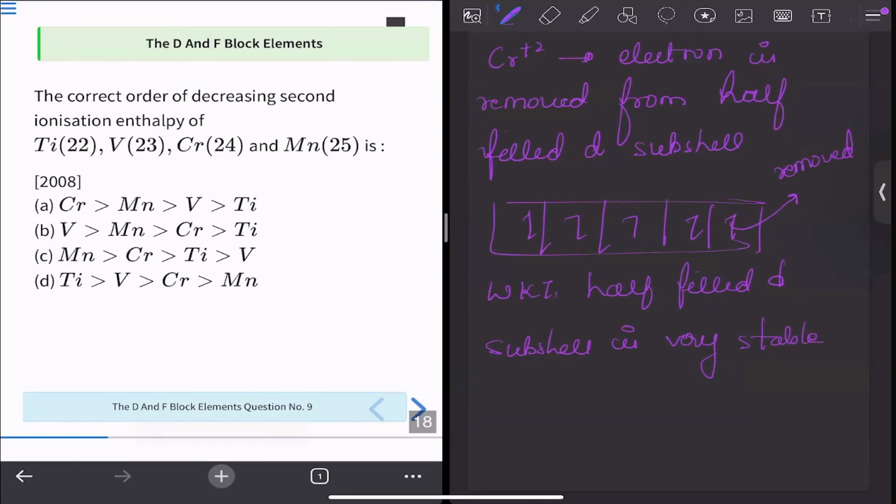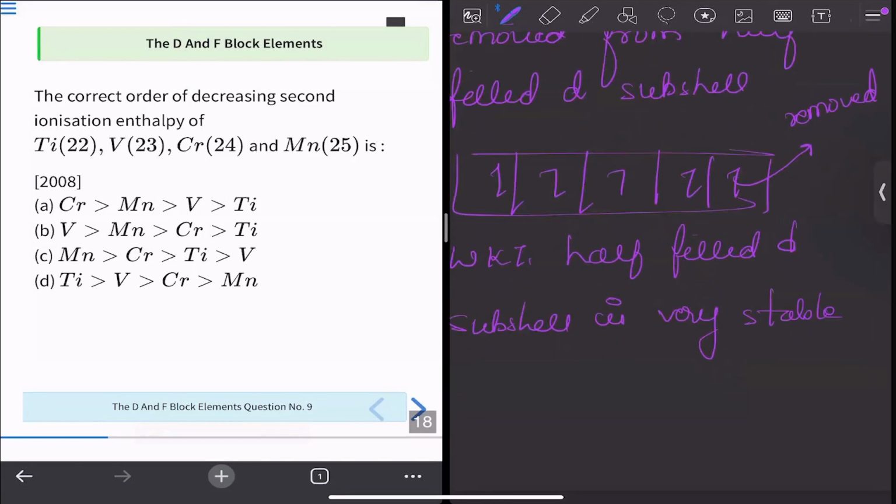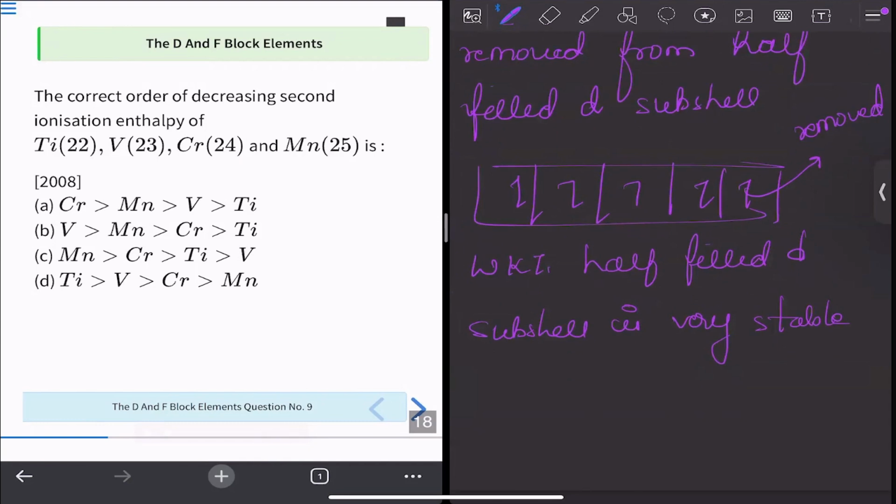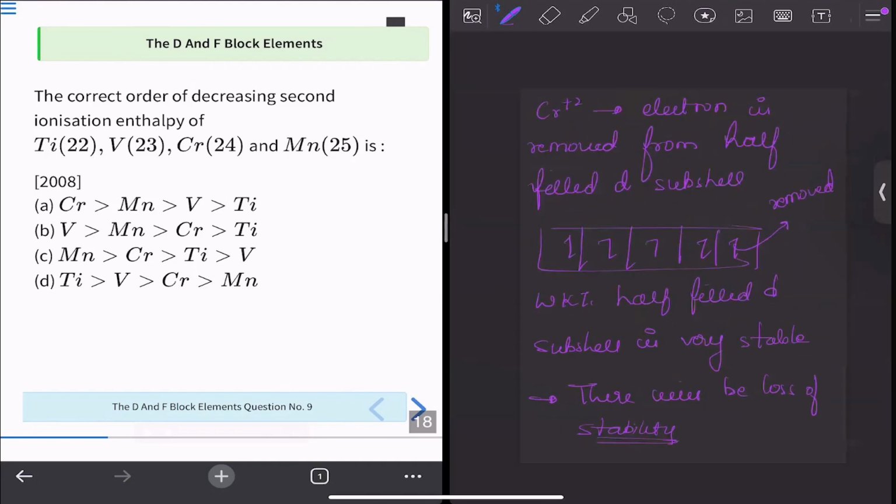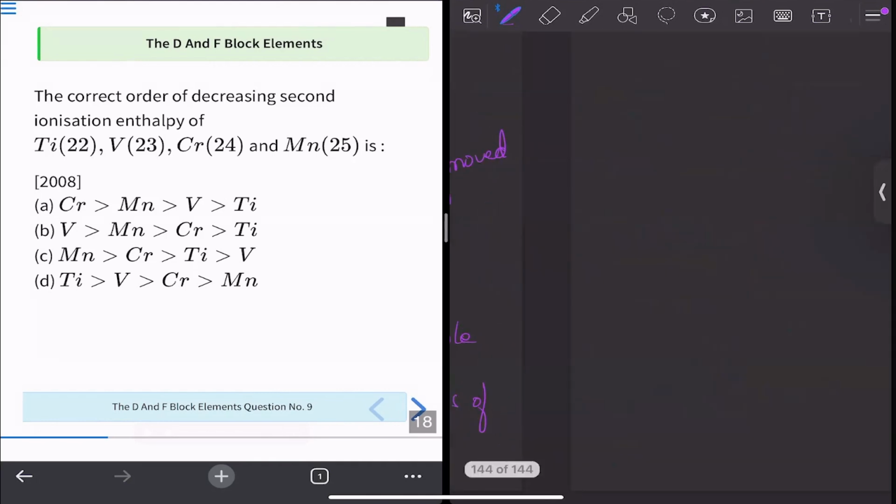So we are removing an electron from that half-filled d subshell. So there will be loss of stability. As there is a loss of stability, we need to give more energy.